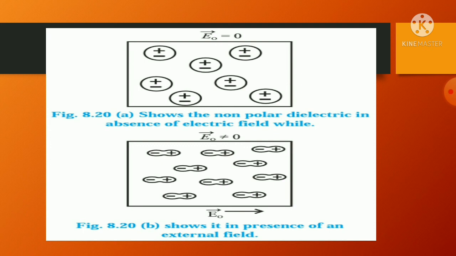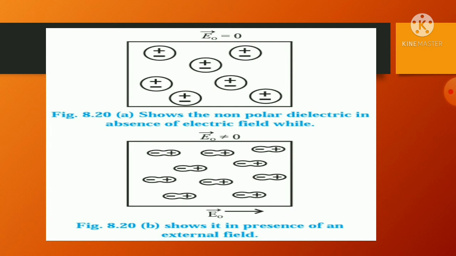But whenever a non-zero external electric field is applied, all non-polar molecules take a dumbbell shape, and polarization forms, with the positive charge and negative charge in a dumbbell shape, nearest to each other but slightly separated.